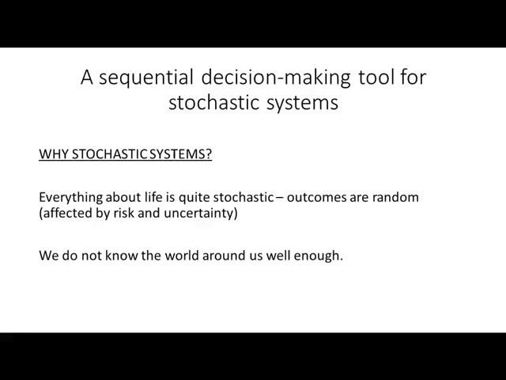And the other thing which makes the systems or everything around us quite stochastic is because we actually do not know the world around us very well, right? We know part of it. We know some mechanism behind how things work, but we do not know all of it. So this is a very important reason why systems are quite stochastic.